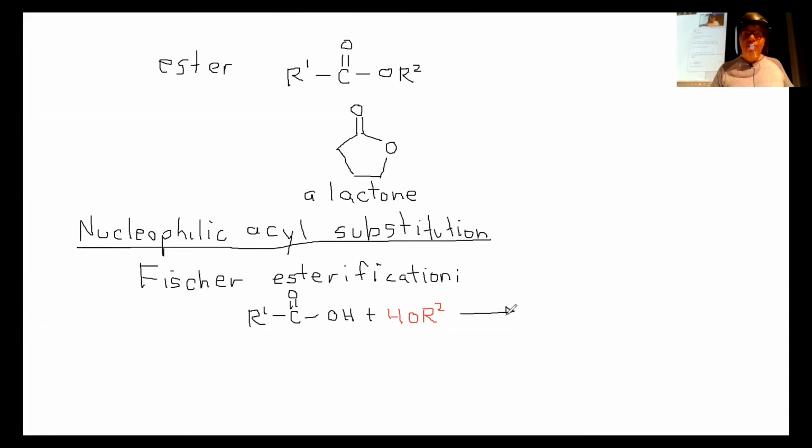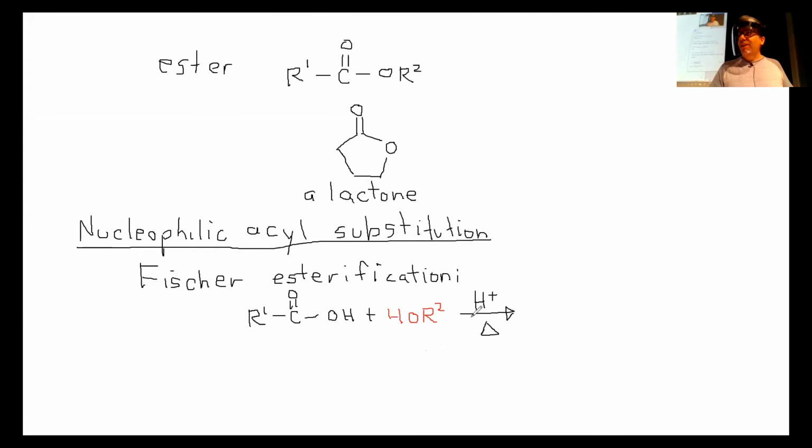And we will heat those things together. By the way, if you ever see a triangle like this, that's shorthand for heat. Just in case you run into it, I don't want you guys to be confused. But you generally need to heat this, and you do require an acid catalyst.